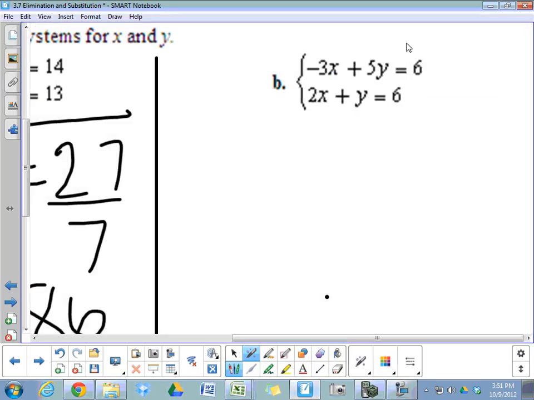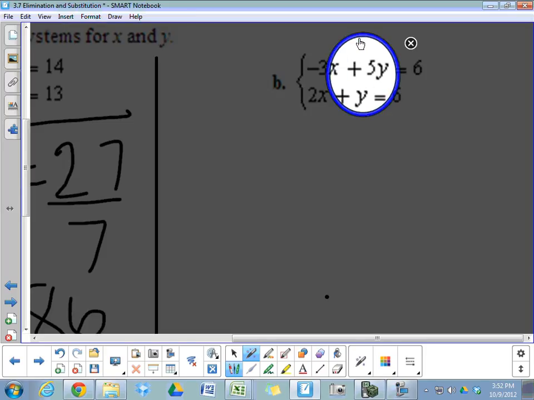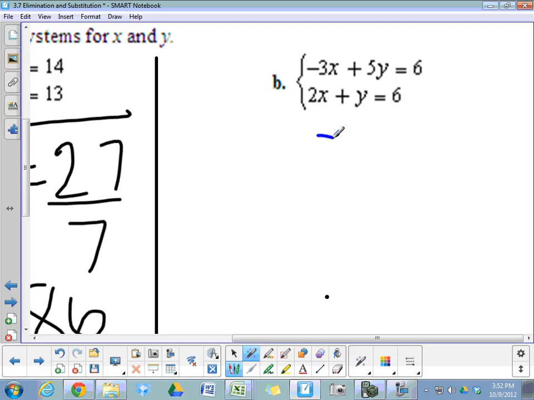We can always multiply both sides of an equation by the same number and keep it balanced. So what I'm going to do is focus on the y's, and I'm going to get them to eliminate. One is positive 5y. The other one's just positive y. If that positive y on the bottom would be a negative 5y, then we would have the elimination that we want.